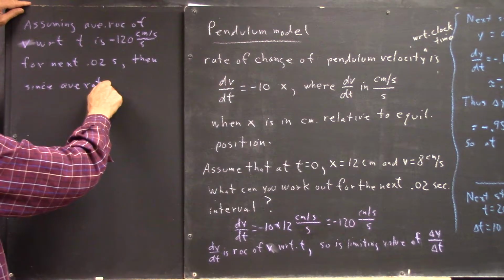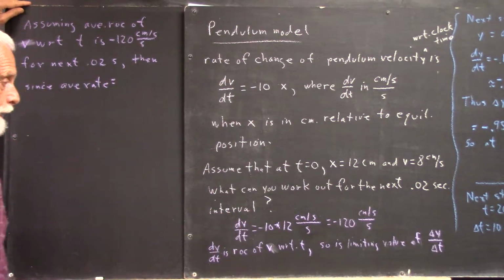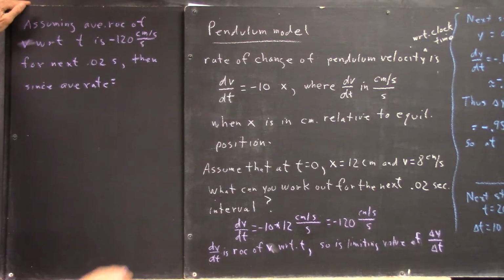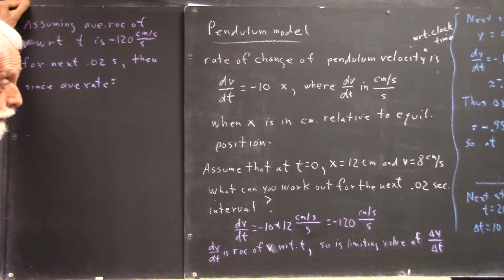Well, in this situation, the average rate is just what we said it is. It's going to be a delta y over delta t, right? Or delta v over delta t.